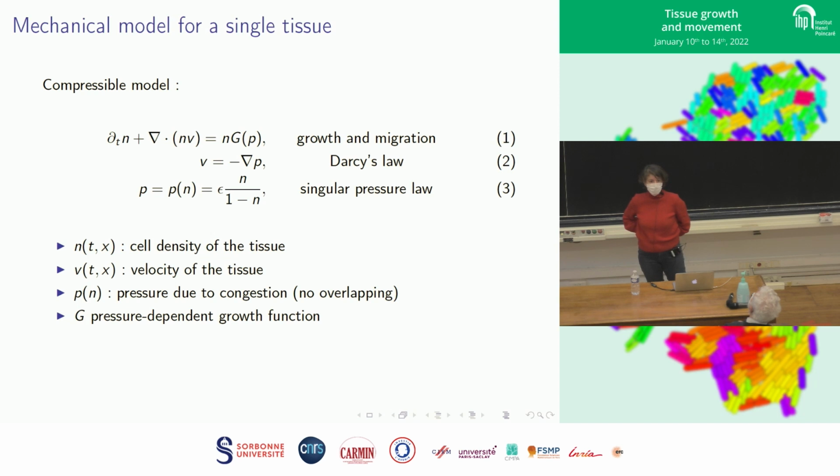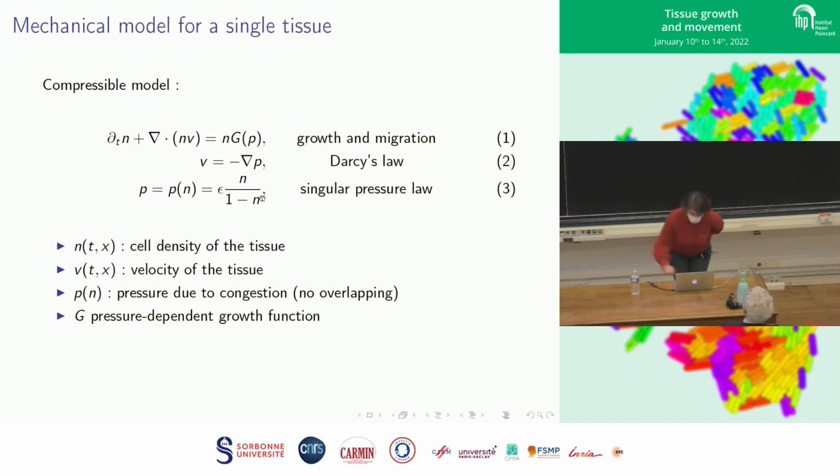So somehow I have a maximum capacity, maximum density, n equals 1. I took 1 arbitrarily, but of course you can change this number. And this means that I don't have any overlapping. So maybe I can consider that I have hard sphere kernels or something like that, but I cannot go above n equal 1.